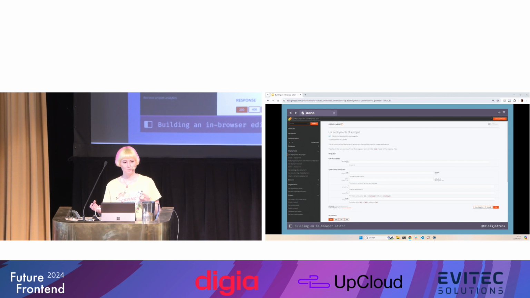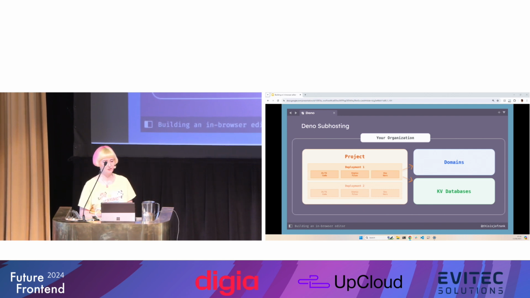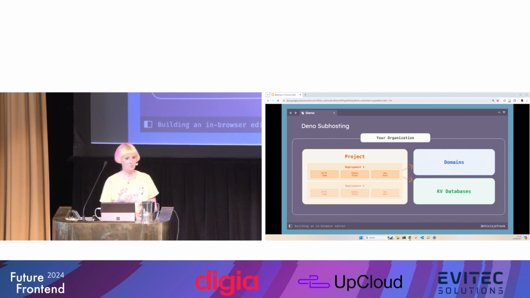So you'll be able to bill each customer individually. And for the sake of this demo, each user's sandbox is going to be a separate project with each edit resulting in a new deployment, and each deployment has its own URL. In a real-world scenario, if you were building this, you would want to add in some functionality which was going to delete all the deployments as users make changes.